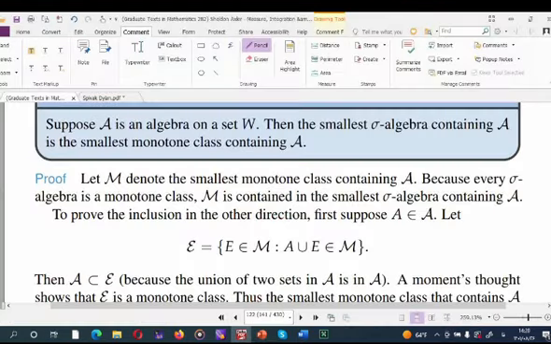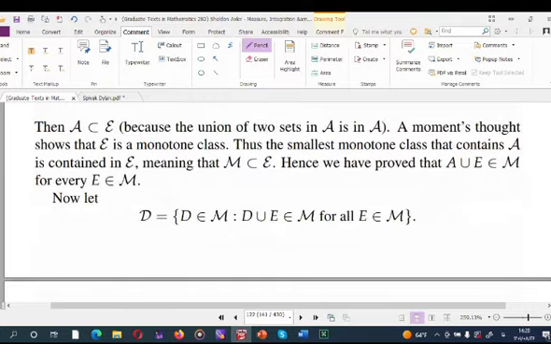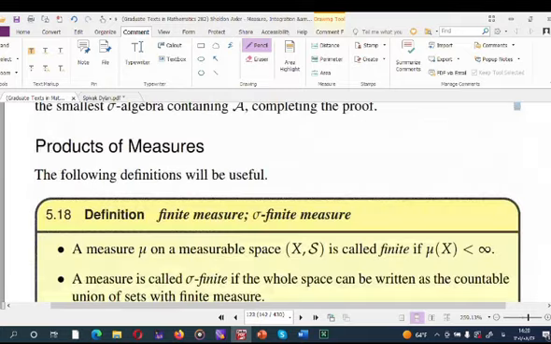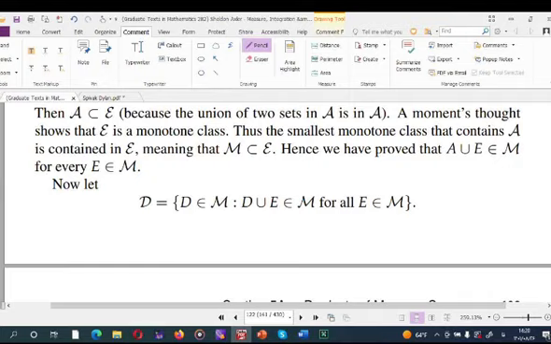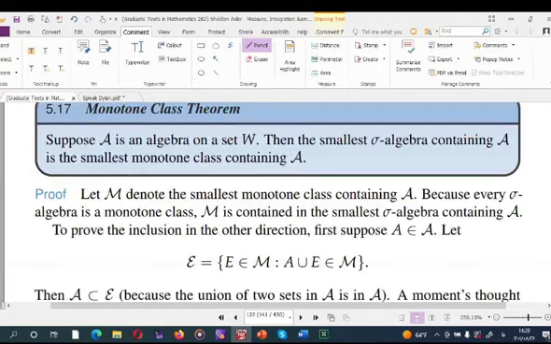To prove the inclusion in the other direction, first suppose A belongs to A, and let E equal to this.